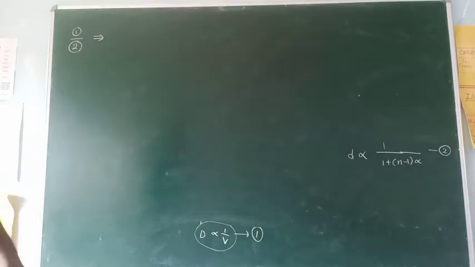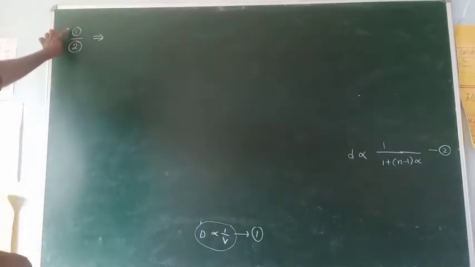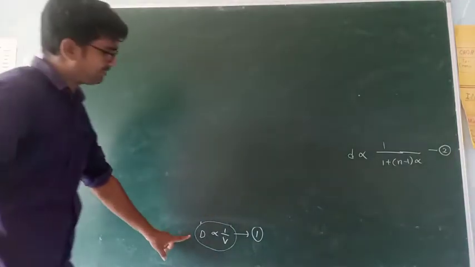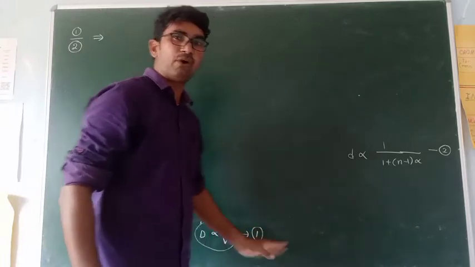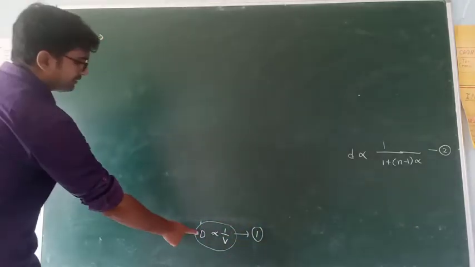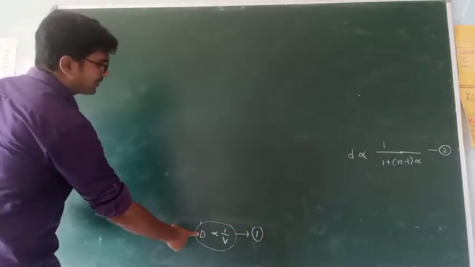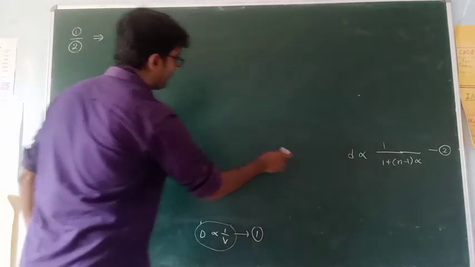Now do equation 1 by 2. Left-hand side is capital D, here left-hand side small d.